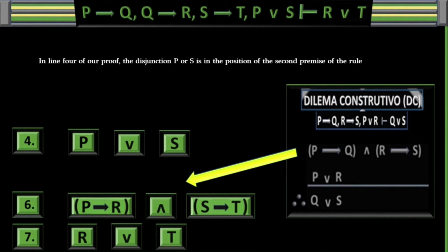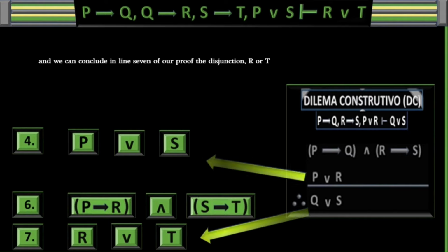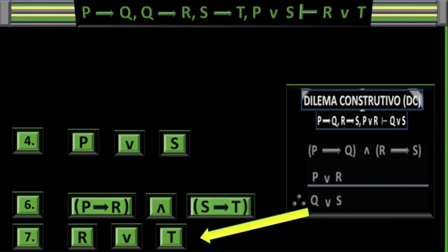Line 4 of our proof, the disjunction P or S, is in the position of the second premise, and we can conclude in line 7 of our proof the disjunction R or T, which is in the position where we have the conclusion in the rule.